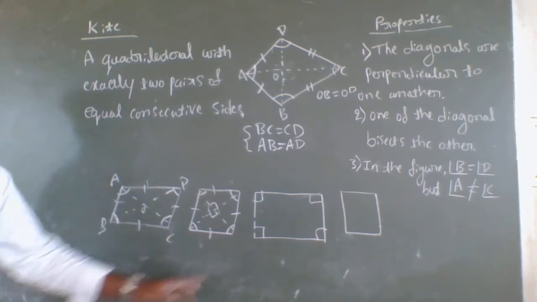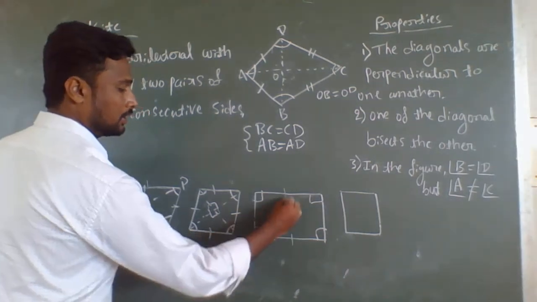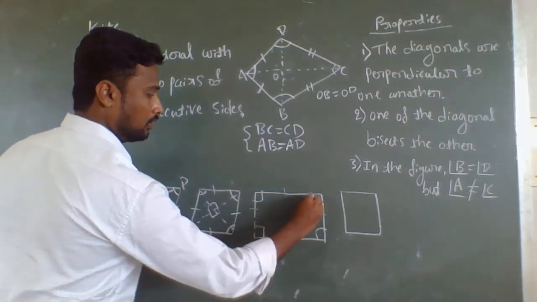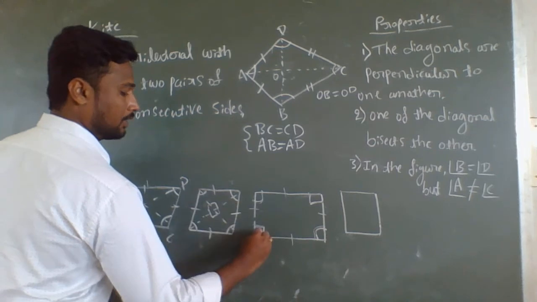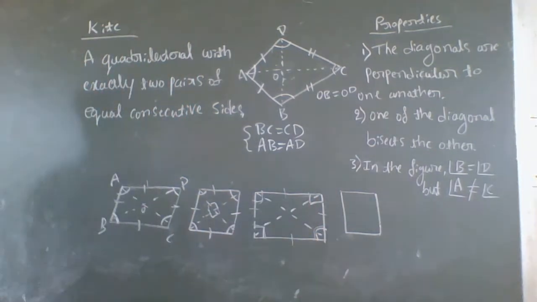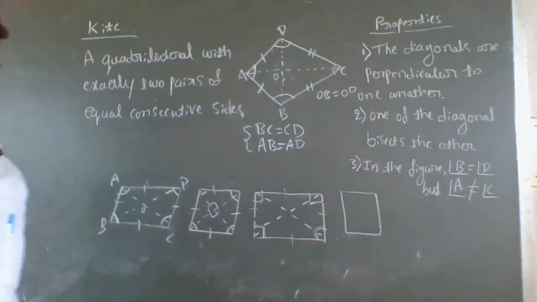It has the properties of a parallelogram: opposite sides are equal, opposite angles are equal, and diagonals bisect one another. Another important property of a rectangle is that all the angles are 90 degrees.